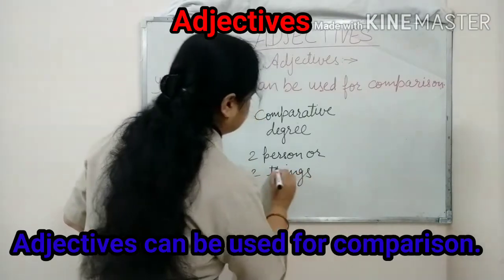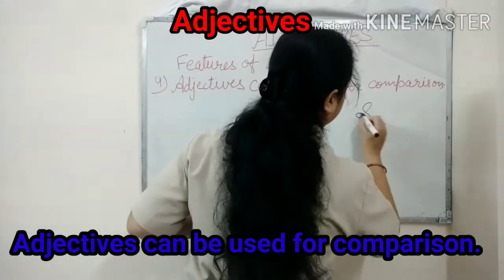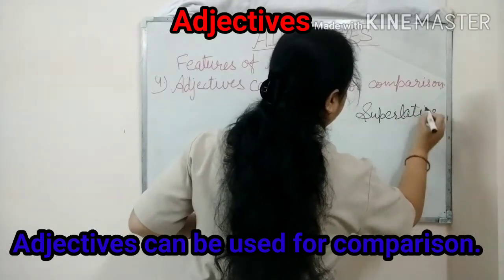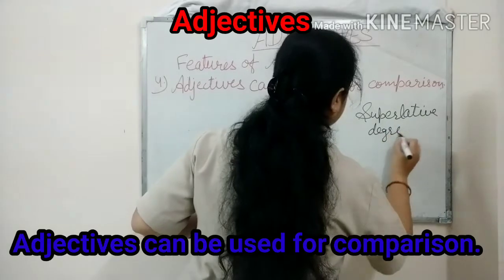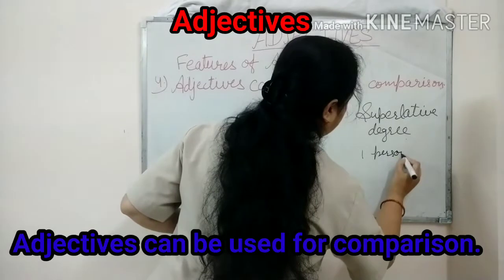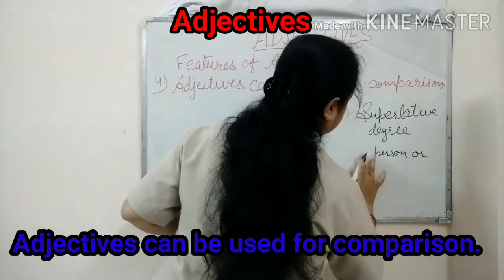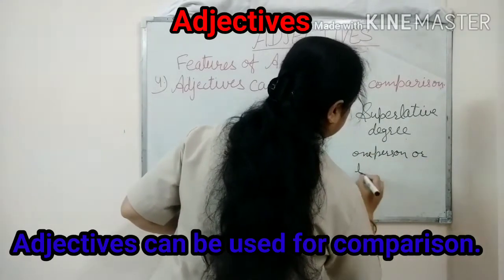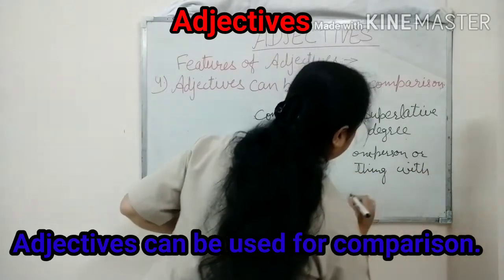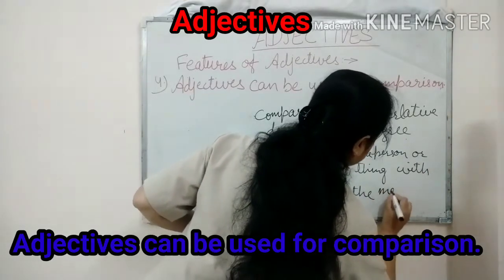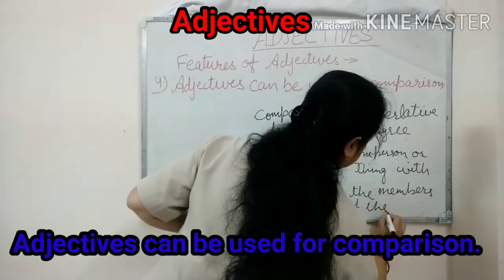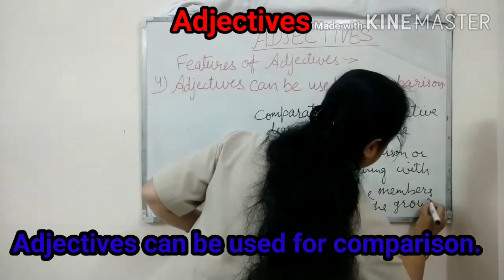And the second is our superlative degree, and the superlative degree is used to compare one person or thing with the other members of the group.